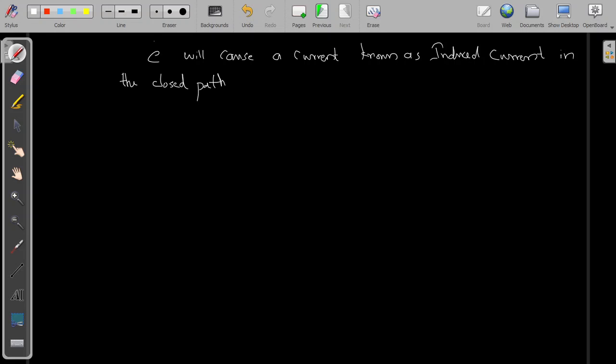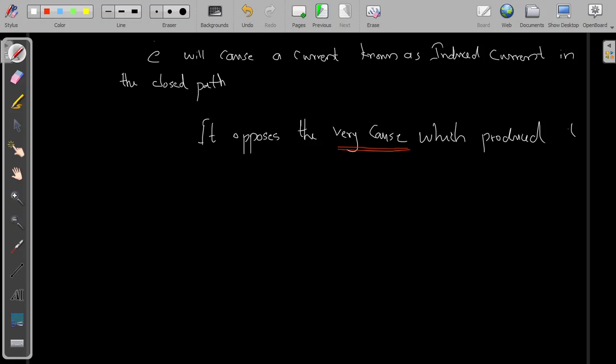The direction of this current is given by Lenz's law, which states that the direction of the induced current is such that it opposes the very cause which produced the induced current through magnetic action. This is important.